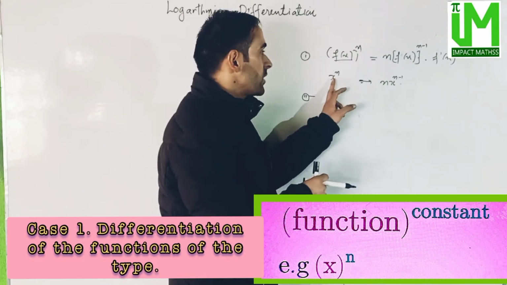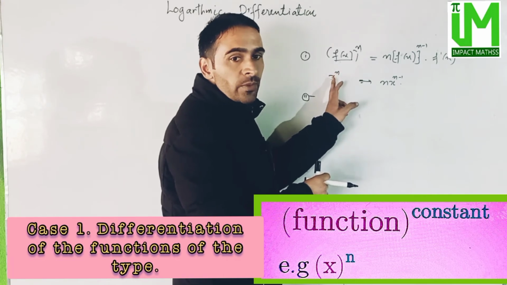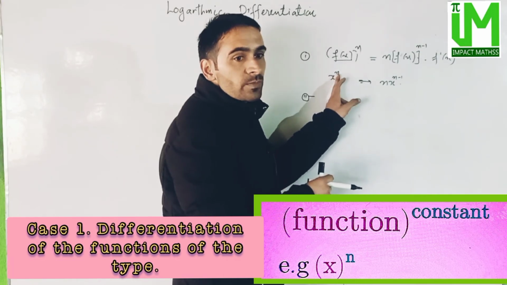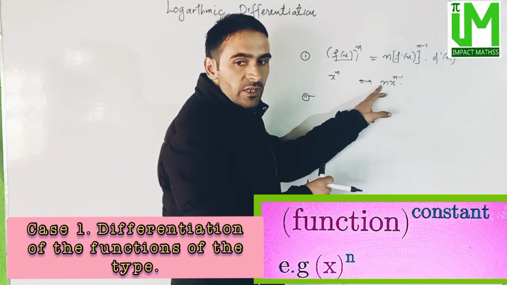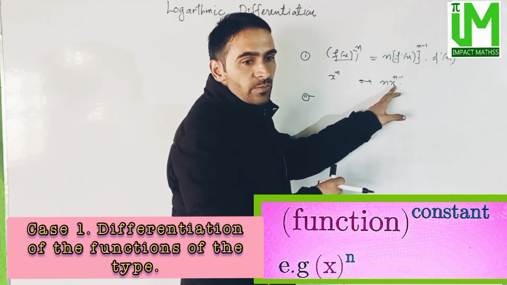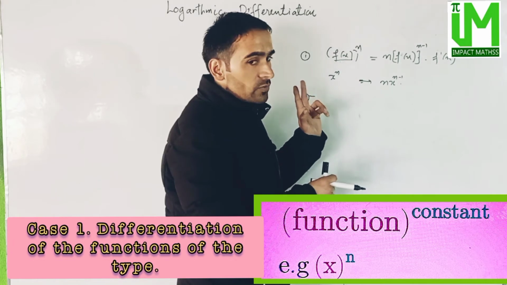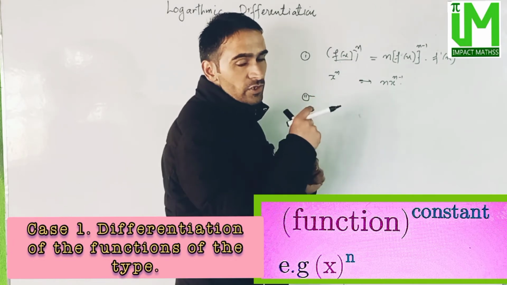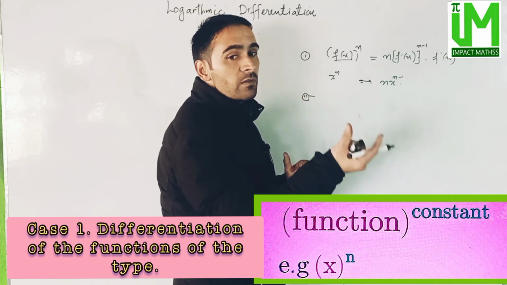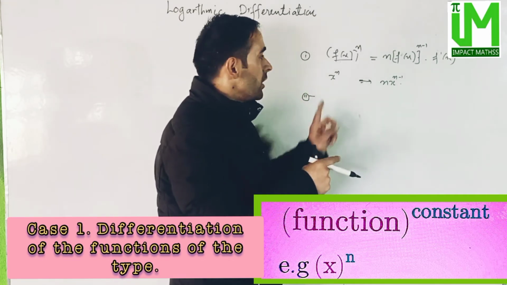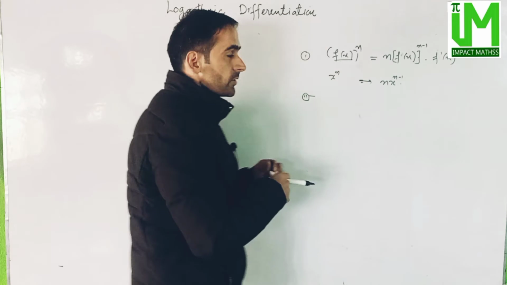As an example, x raised to power n: the differentiation is n times x raised to power n minus 1. So this is one of the cases when we differentiate a function raised to a power which happens to be a constant.